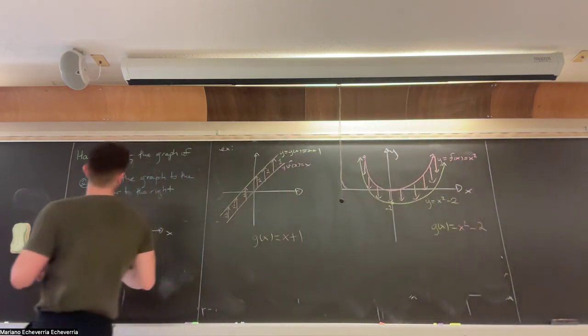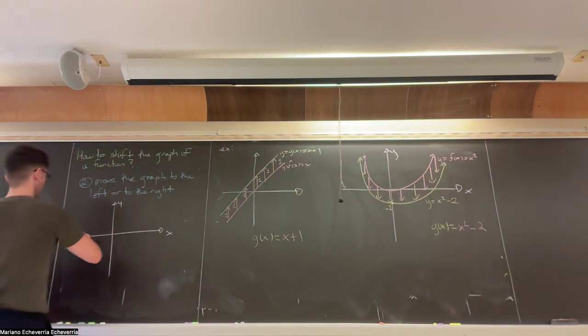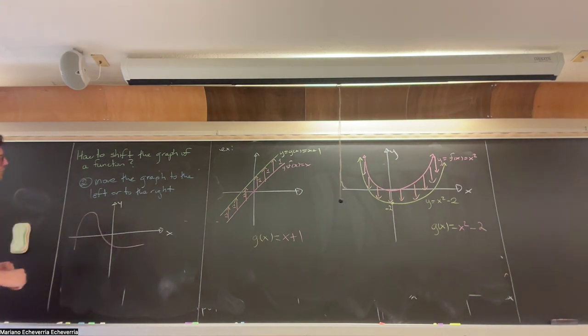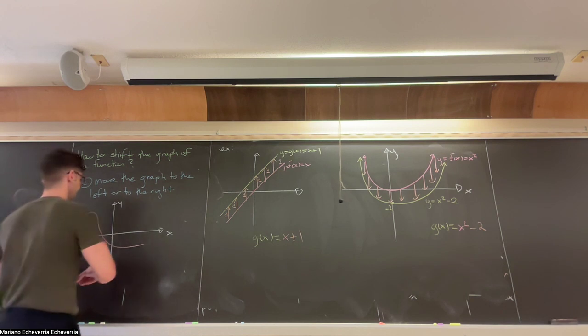Let me do a graph that is a little bit easier to work with. I don't want to do anything too complicated. So let's say this is the original graph, y equals f of x.